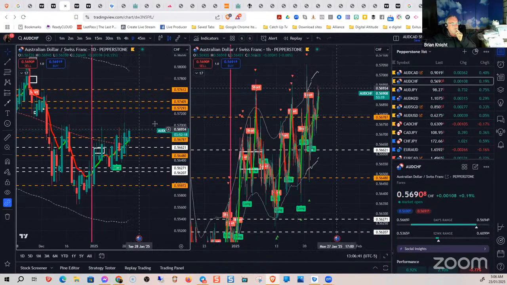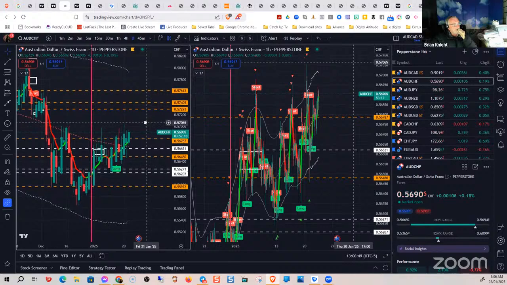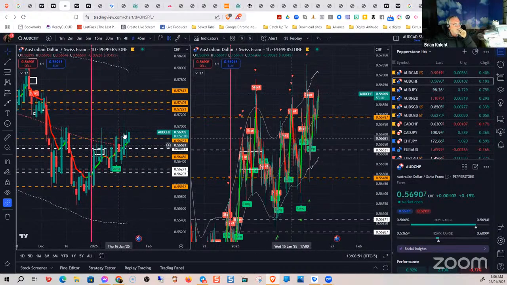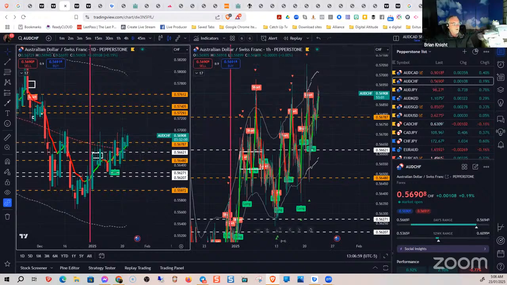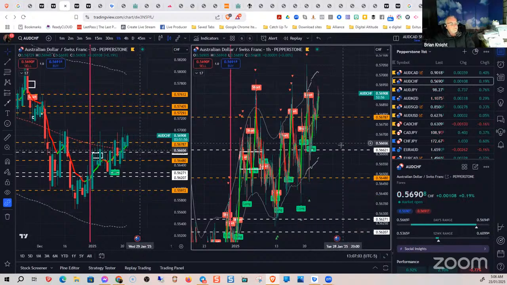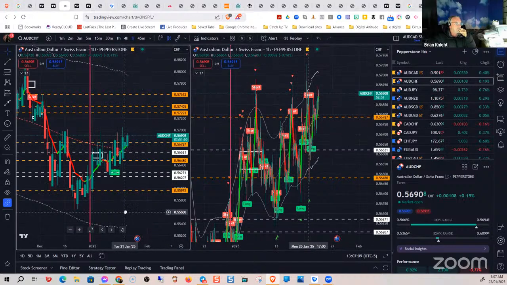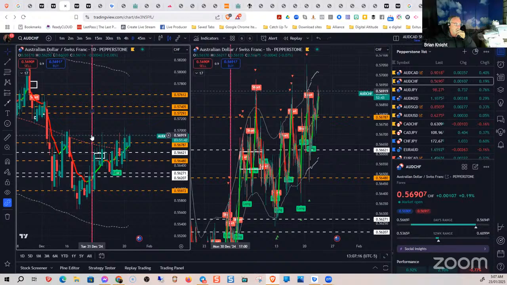Now, it's not a very quick push, but there is certainly a level in there. And what do we have here? Just consumer confidence. That's okay. I don't think that's going to change the view on this one. And it's been buying since the start of this year, basically since the 31st December.